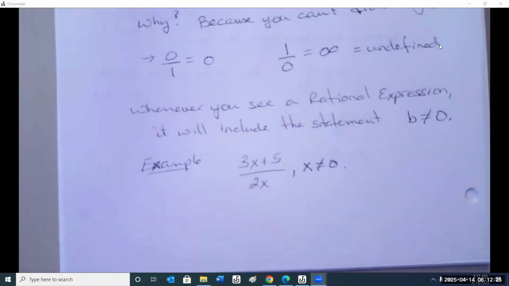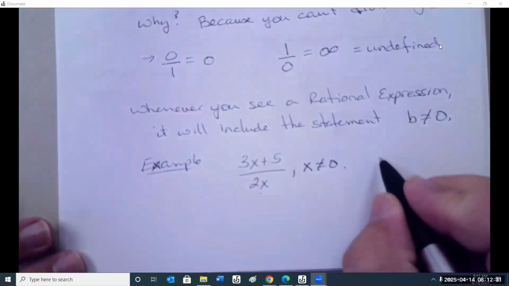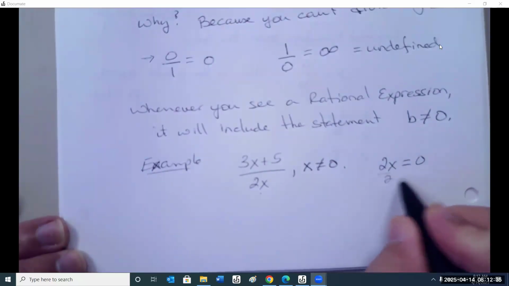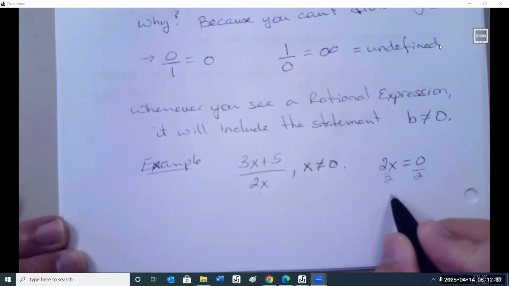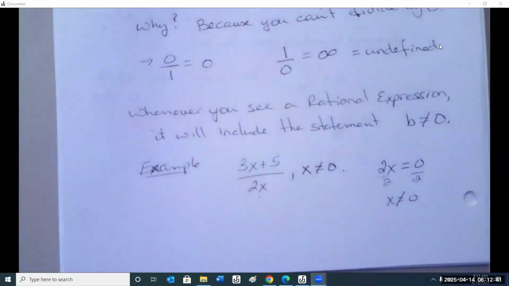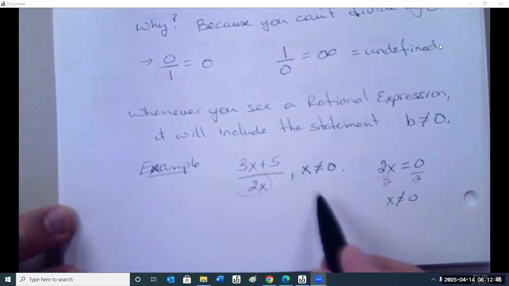Why? Because if x is 0, then the bottom is 0. 2 times x equals 0. So x cannot equal 0. We would take this.